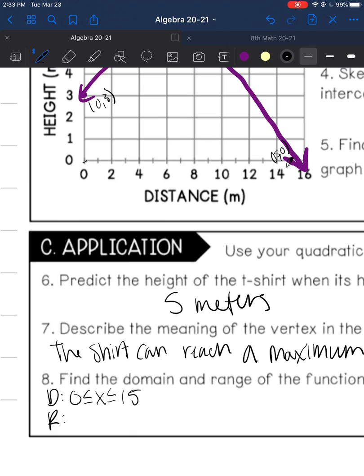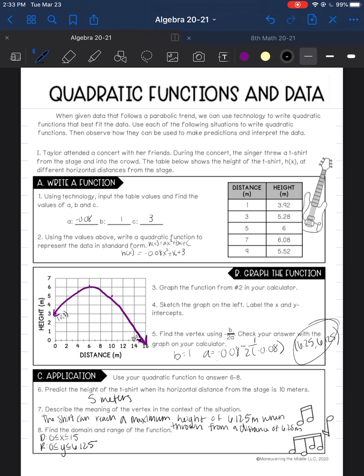Then we have our range. Our range is all our possible y values. So it starts off at 0 is less than or equal to y, which is less than or equal to the highest amount of y that we could get, which was 6.125. So that is quadratics, functions, and data. It's pretty simple if you're understanding quadratics so far.